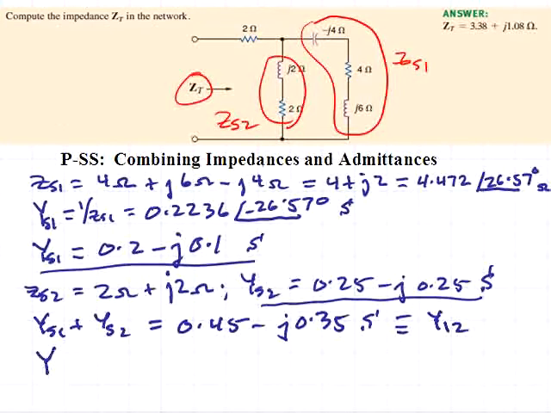And back to the polar form for that admittance, we have 0.570 at an angle of minus 37.85 degrees Siemens.